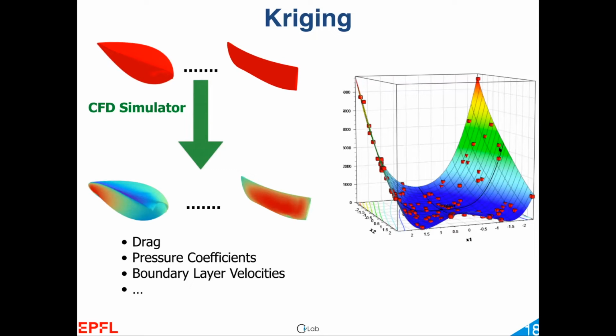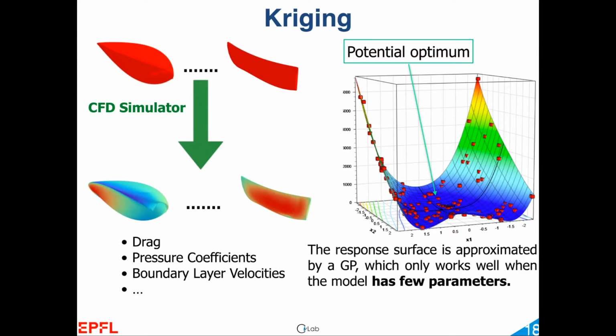And what that allows you to do is to create what's known as a response surface, meaning that the little red cubes represent samples, so shapes for which you have a simulation value. And you can guess what the values are going to be for other shapes for which you have not run a simulation by nonlinear interpolation, so that you can find a potential optimum without running any further simulations.